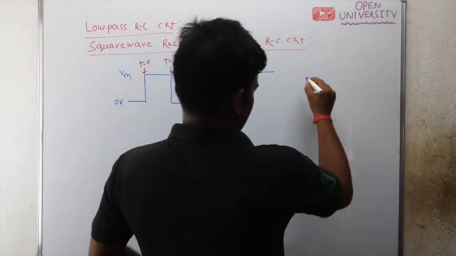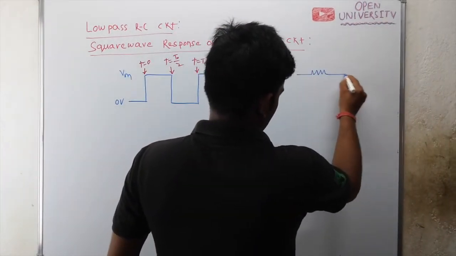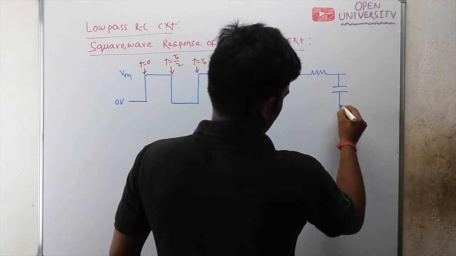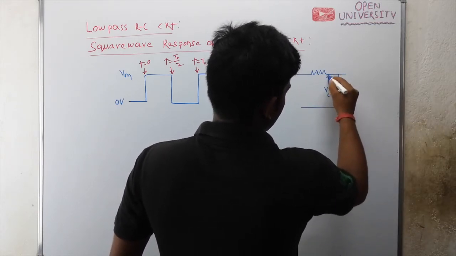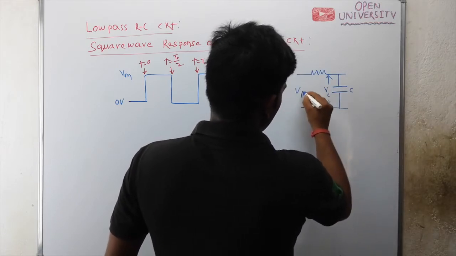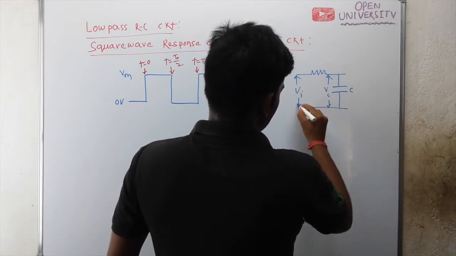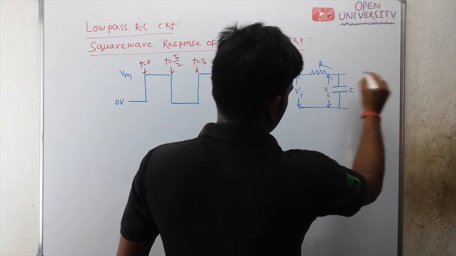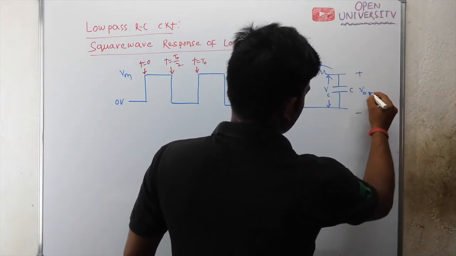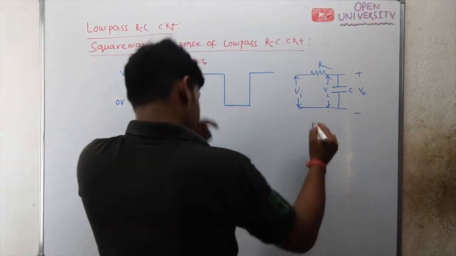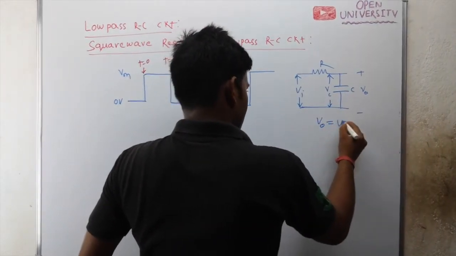This is your low pass RC circuit. This is the voltage across capacitor. This is your input voltage. This is resistance R, and this is your output voltage V naught, and V naught equal to Vc.